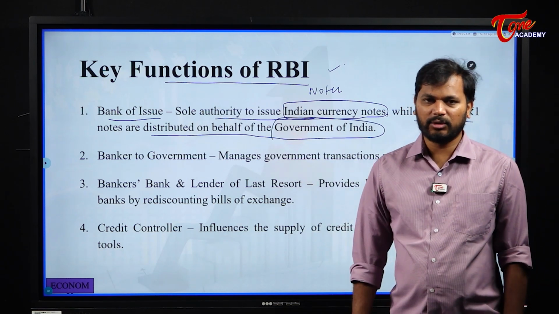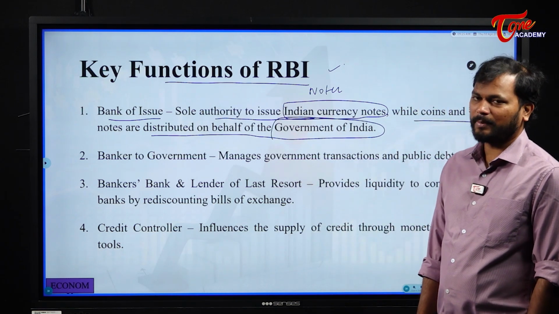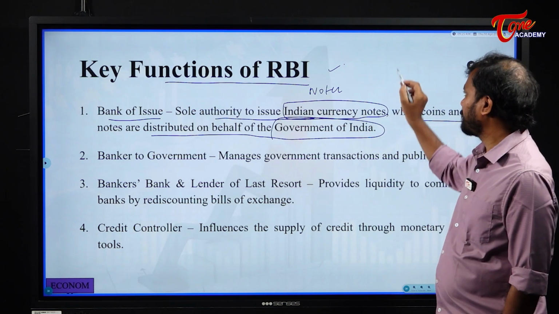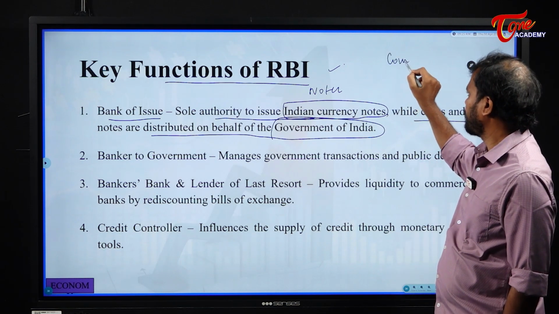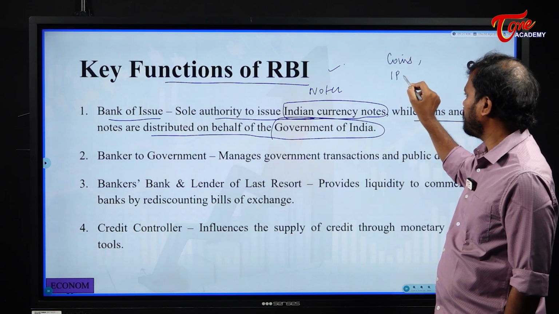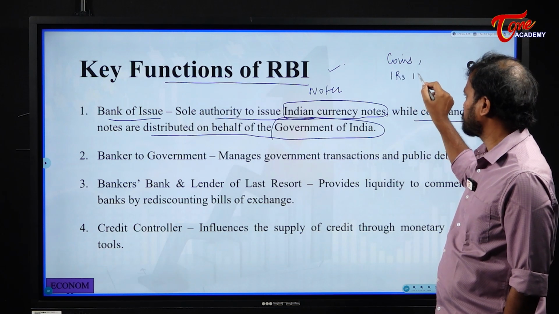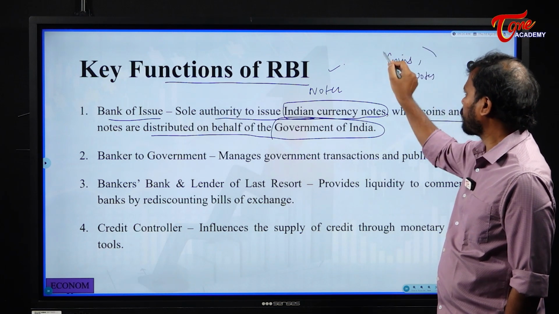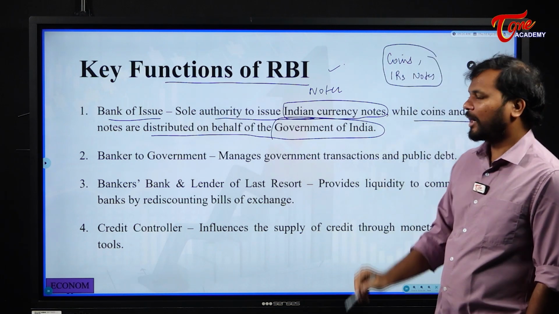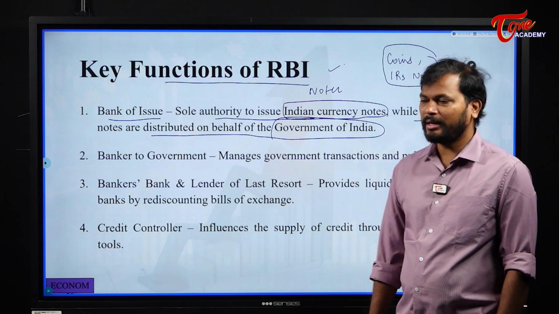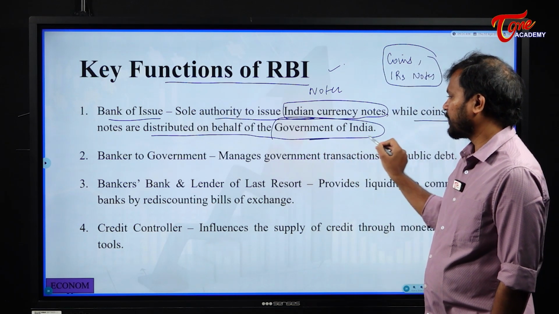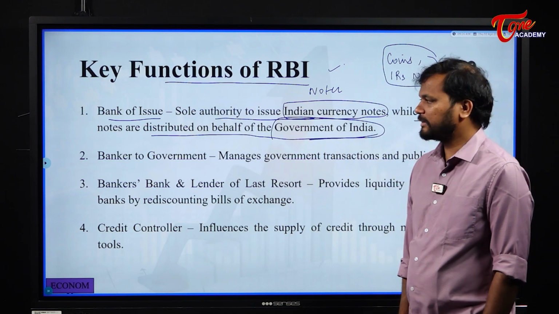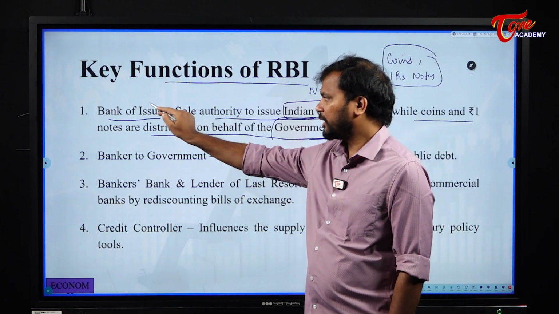All the currency notes are issued by the RBI except the coins and 1 rupee notes. The coins and the 1 rupee notes are distributed by the RBI on behalf of the government of India. Clear? This is one thing that you need to remember carefully.